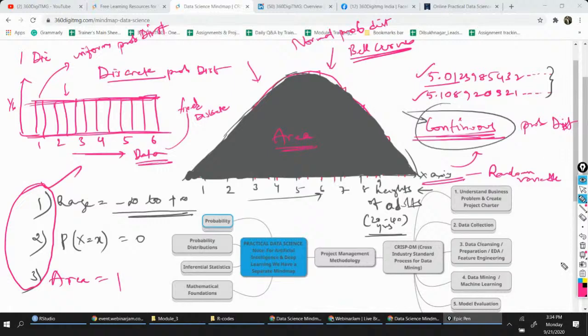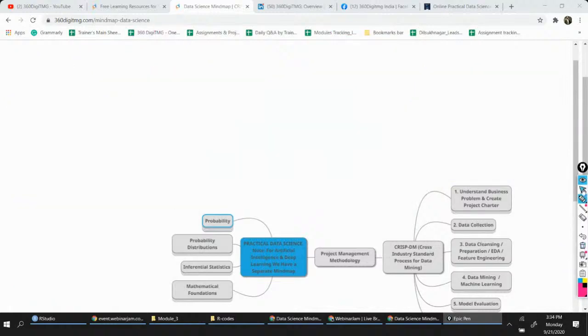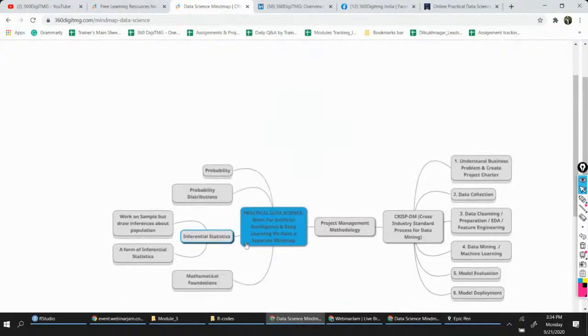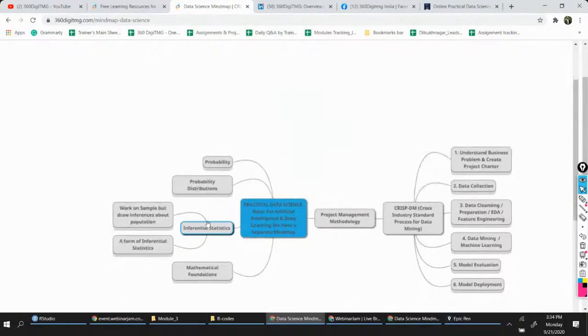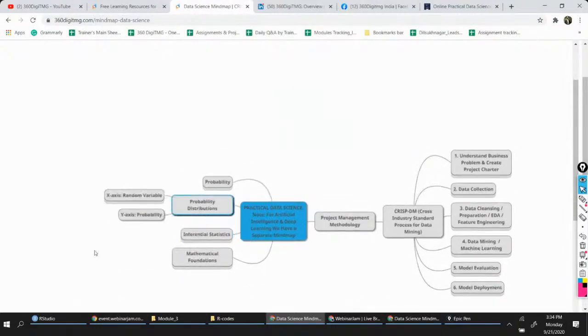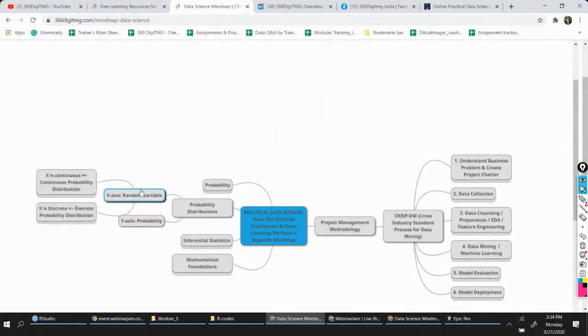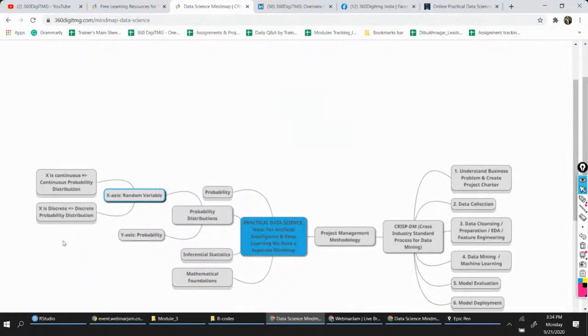Okay? So probability distribution can broadly be classified into two types. On the y-axis, we'll always plot the probability values. On the x-axis, we'll have data. But this data can be classified broadly into continuous data and discrete data.